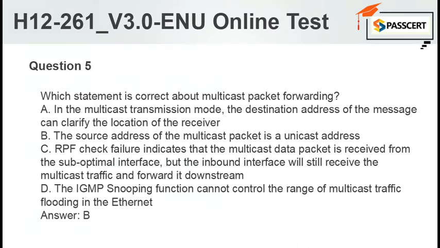C. RPF check failure indicates that the multicast data packet is received from the suboptimal interface, but the inbound interface will still receive the multicast traffic and forward it downstream. D. The IGMP snooping function cannot control the range of multicast traffic flooding in the Ethernet. Answer. B.